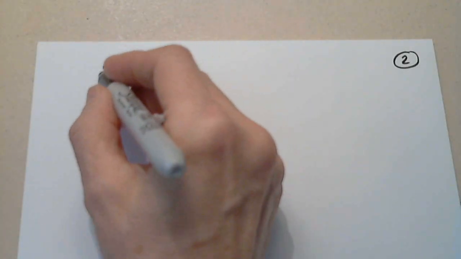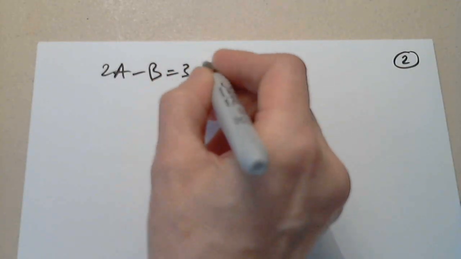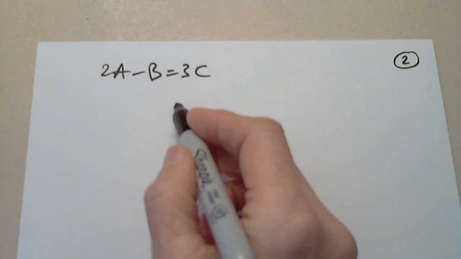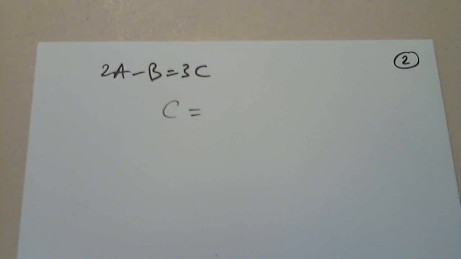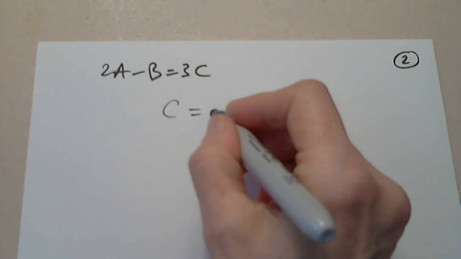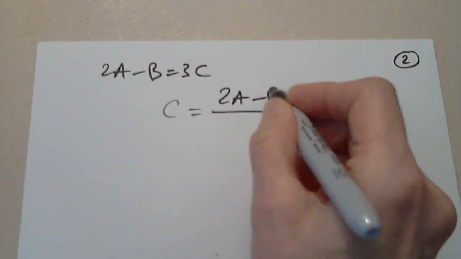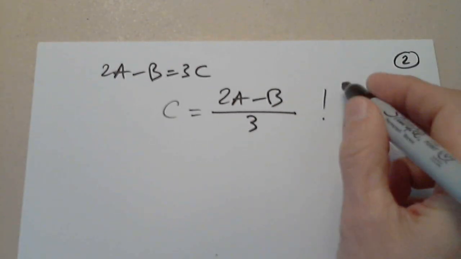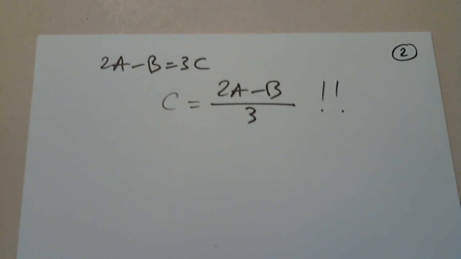Can anyone tell us how to proceed? To solve for c. Now remember, we have 2 options here. One option is to just write a fraction line, which I don't really like: 2a minus b over 3.